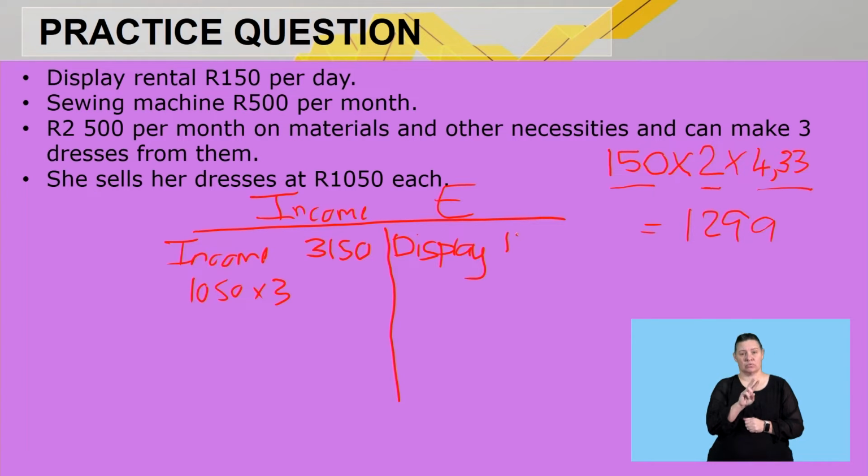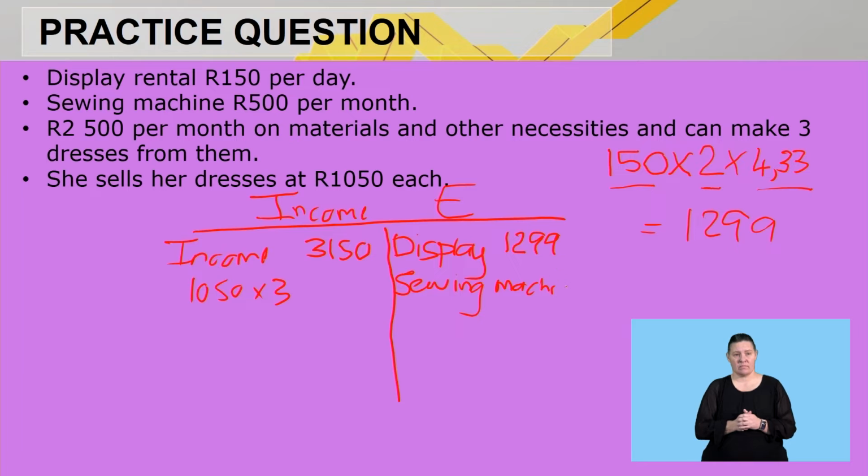So her expenses display is 1,299 Rand. Then she's got the repayment of her sewing machine, and that is 500.